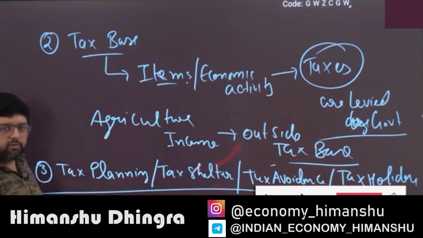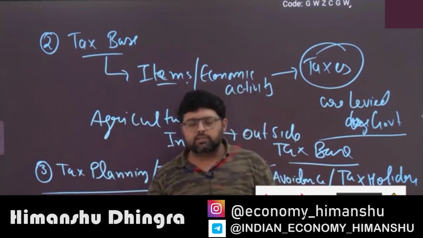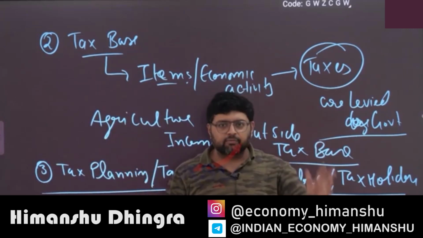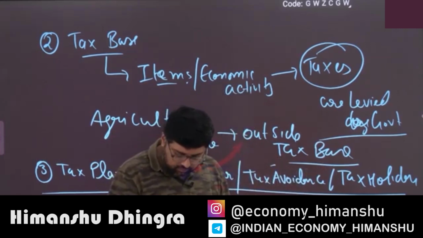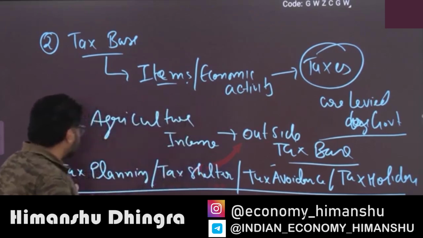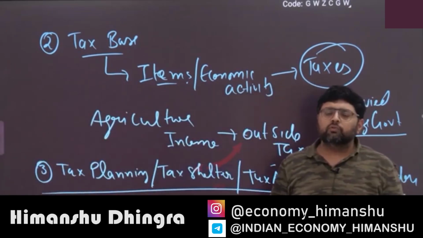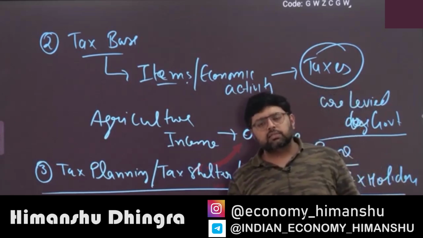One name is kept by your parents, one is your nickname, one name is kept by your friends, one name is kept by someone dear. Clear? So अगर हम यहाँ पर बात करें, tax planning, tax shelter, tax avoidance, tax holiday. So ultimately government gives you so many benefits to save your tax. That is called tax planning.